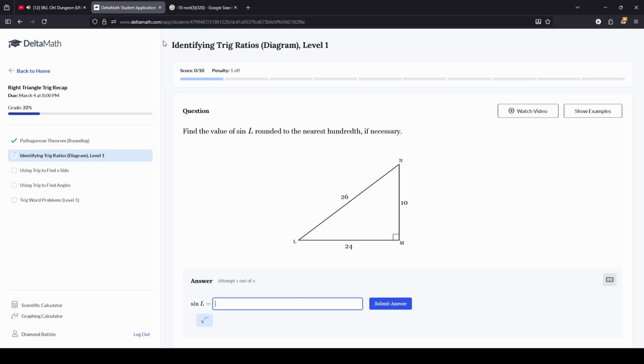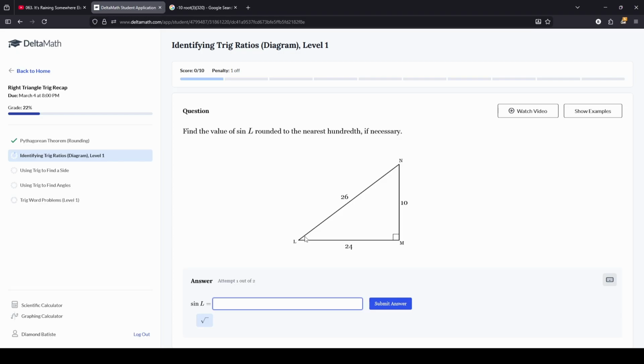Alright, so let's see. Find the sin of L. Round it to the nearest hundredth, if necessary. So you see how the L's right here, right? This is a right angle. This right angle is sideways. It's as if it got toppled over this way, right? And so because of that, L is at the top.